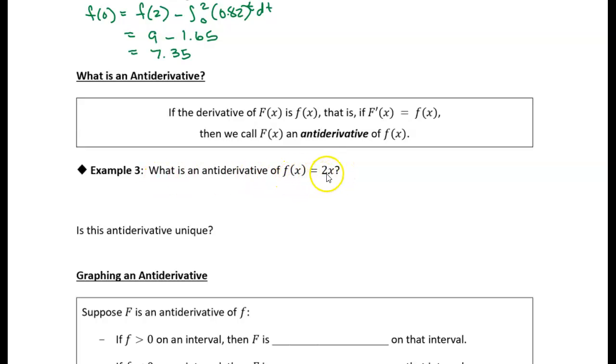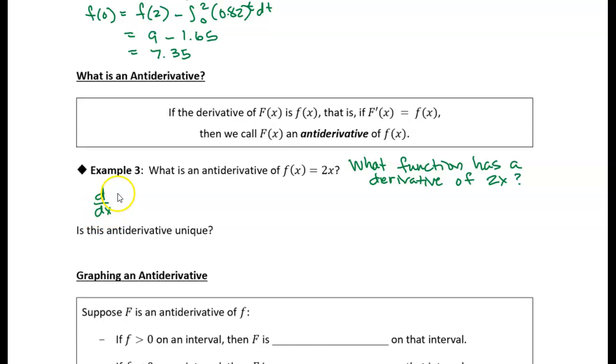What is the antiderivative? We're just asking, what function would we need to take the derivative of in order to get 2x? Another way to rephrase this question is, what function has a derivative of 2x? Well, you've had enough experience with derivatives by now that you know that if I have x squared and I take the derivative of it, it's 2x, right?